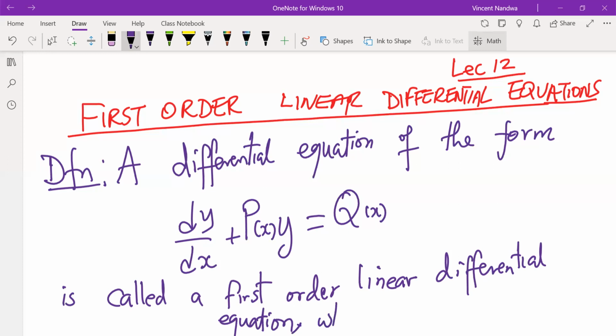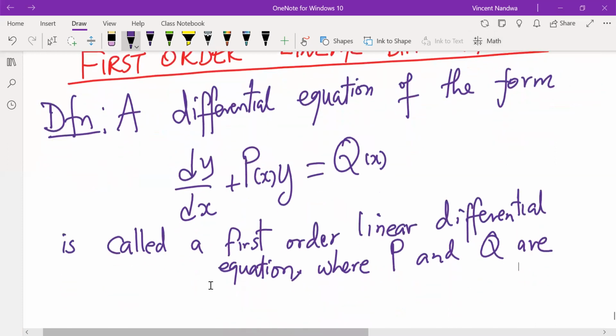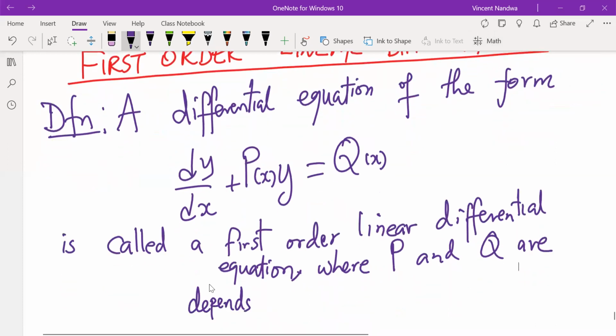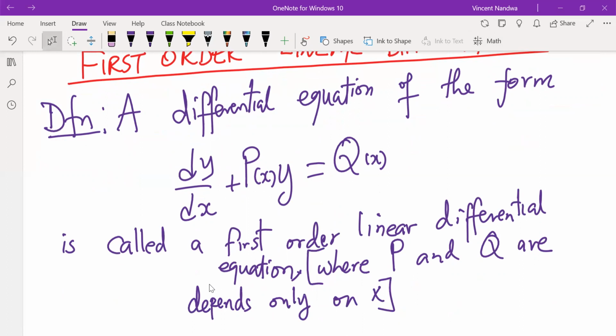Where P and Q are functions of x only, or they may be constants.